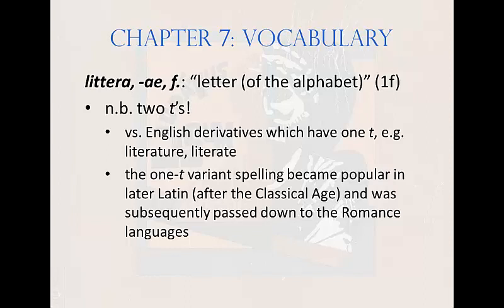That one T variant was then passed on to the Romance languages, Italian and French in particular, and that one T variant leaked into English via derivatives drawn from those Romance languages. So English ended up getting this word two different ways, directly from Classical Latin with a two T spelling, and from the later Romance languages with a one T spelling.